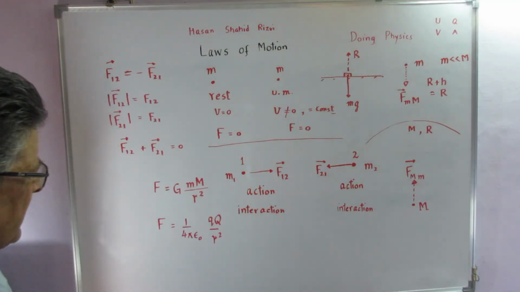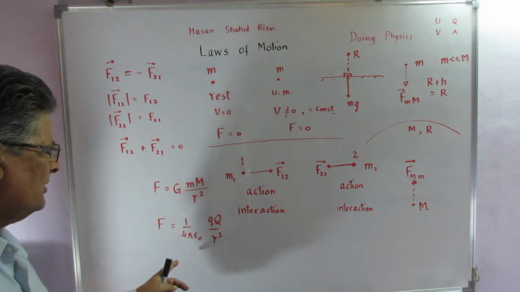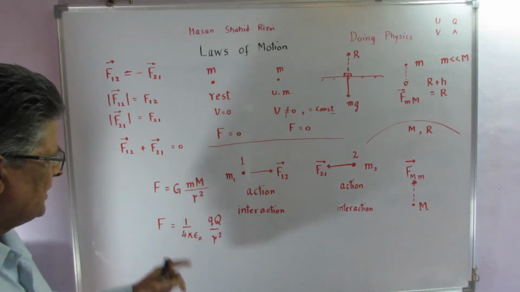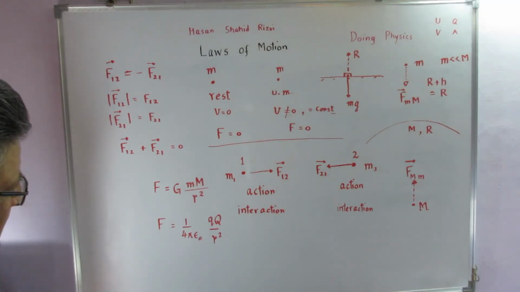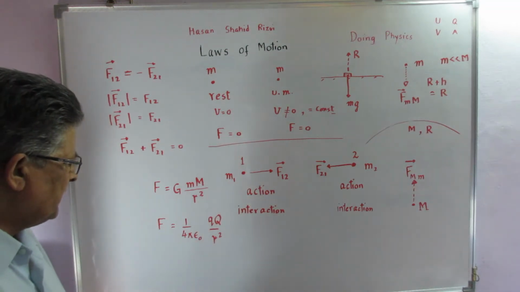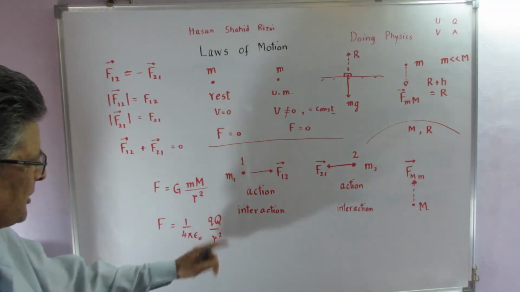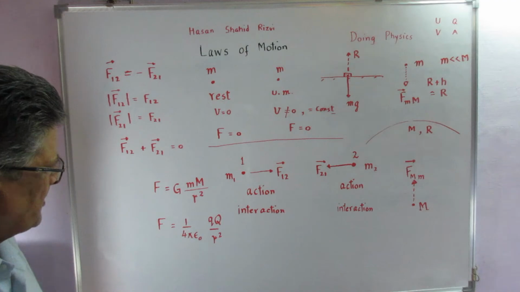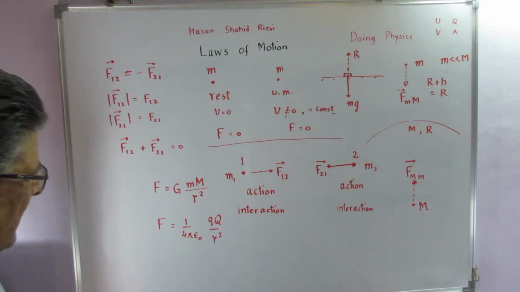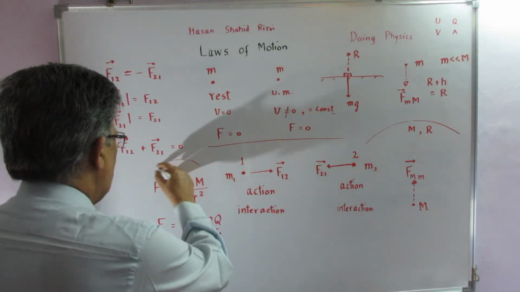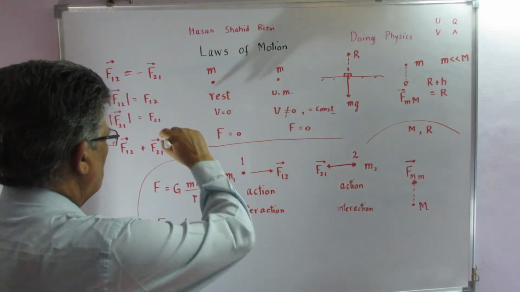So this is the same way, 1 upon 4 pi epsilon naught, where epsilon naught is the permittivity of free space, the product of the two charges, over r squared. Well, I have grouped these two.